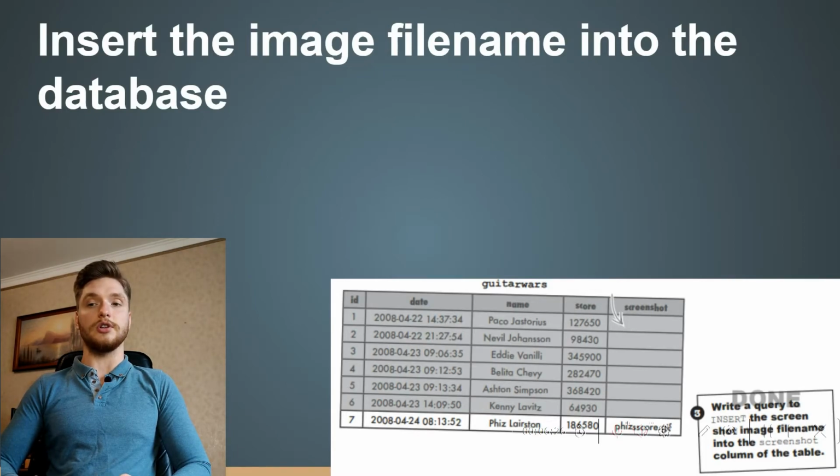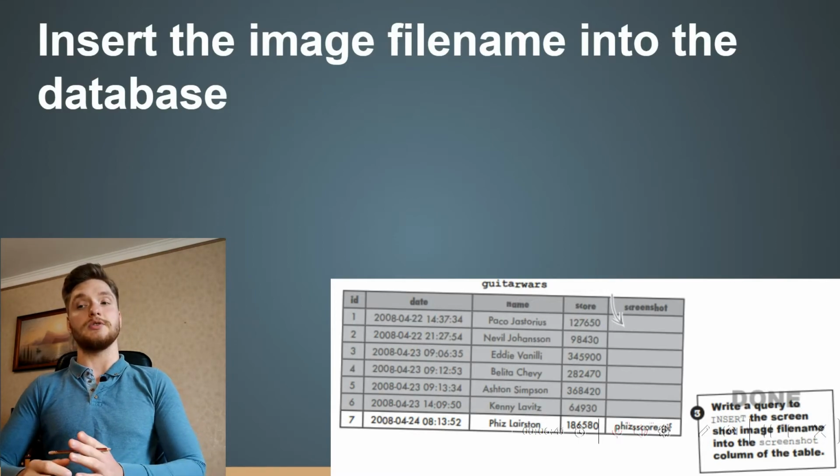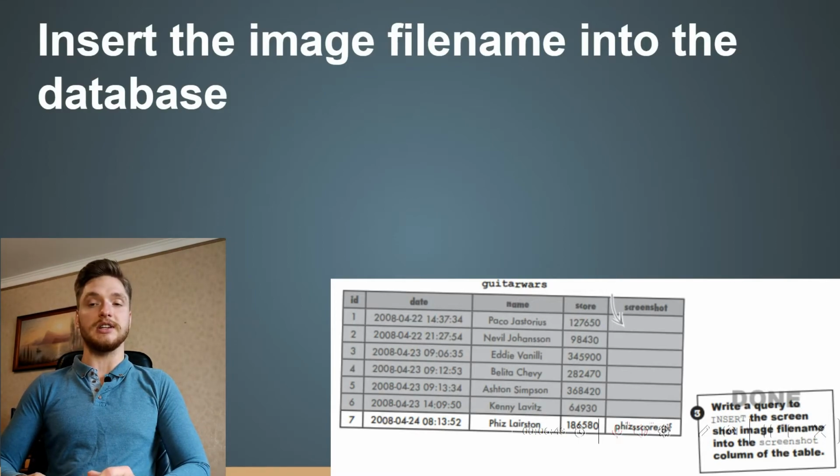We have to store the file name in the new screenshot column of the database so that the image can be accessed and displayed. As it stands, the Add Score script already inserts a new high score into the guitarwars table using the SQL INSERT statement, but this statement doesn't factor in the new screenshot column.